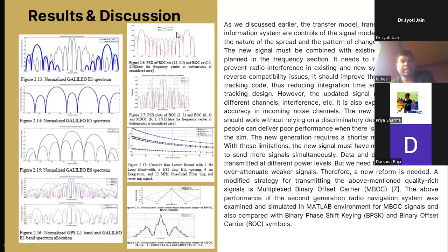As I said, there is the sinusoid and the cosinusoid. The sinusoid has fewer peaks and side lobes.